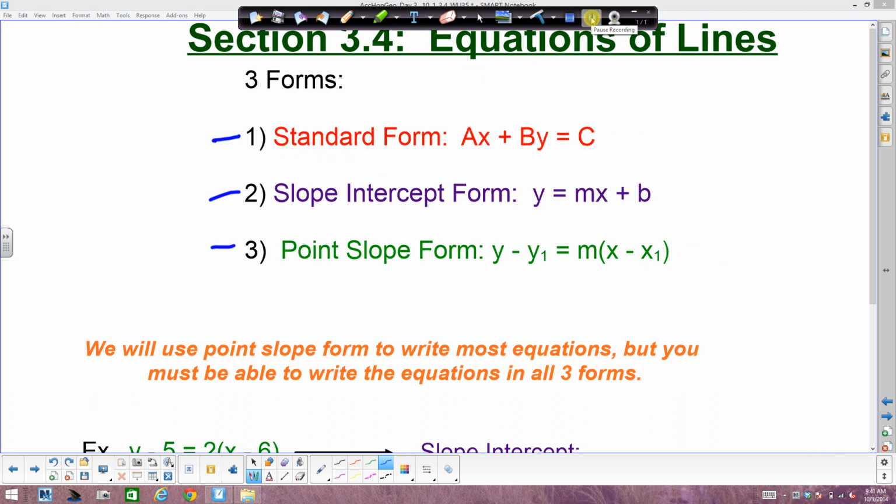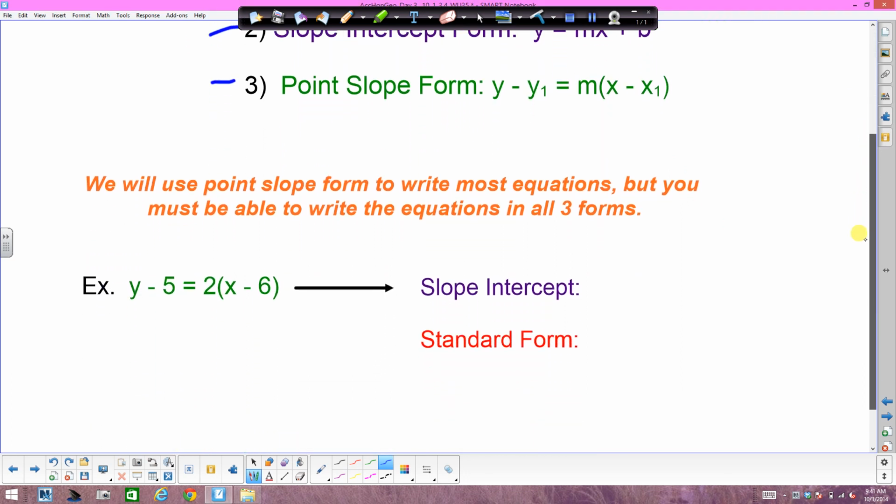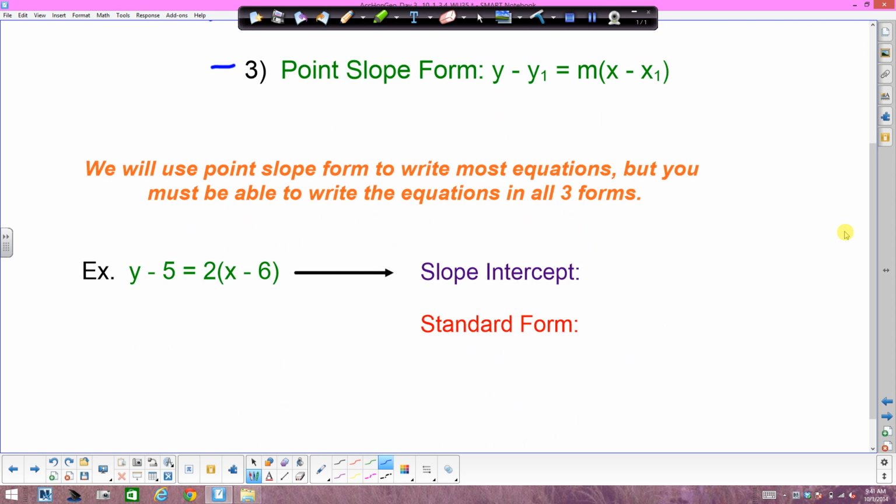So remember, typically when we're writing equations of lines, we're going to start with point-slope form, but sometimes we'll use the other forms. So with this equation, you should notice this is given to you in point-slope form. So from point-slope form, we need to know how to get to slope-intercept form and standard form. So remember, when we want to be in slope-intercept form, we need y on one side of the equation by itself.